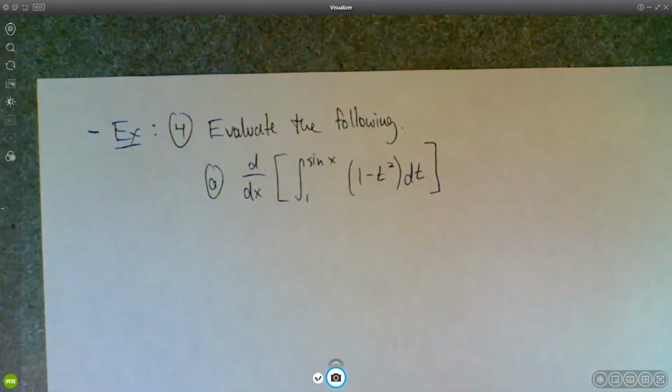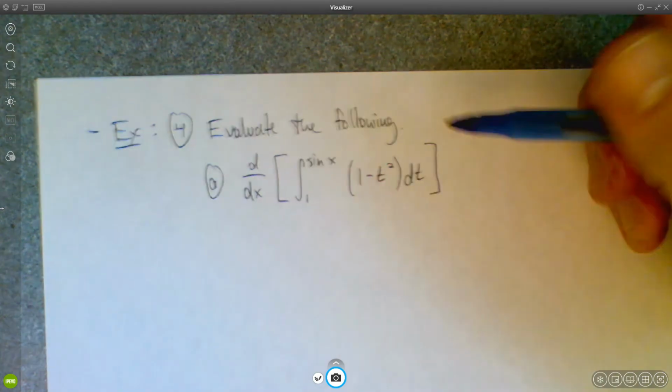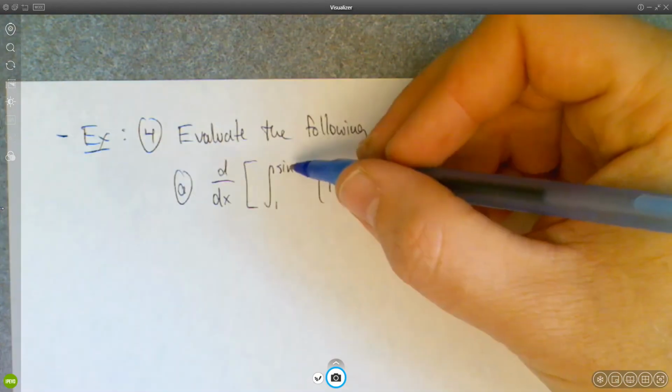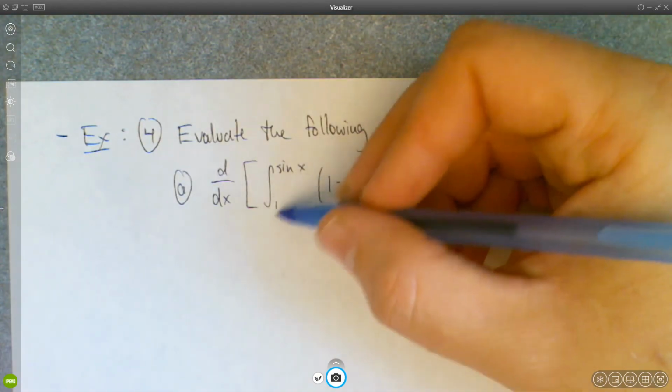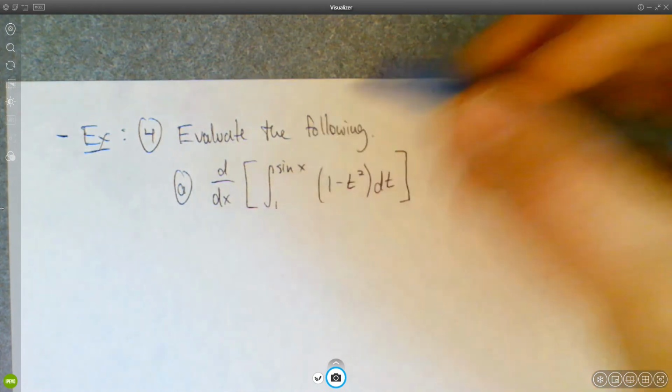Okay, so let's evaluate the derivative of the integral from 1 to sine x of 1 minus t squared dt. Well, since you have a constant here as your lower limit of integration, then fundamental theorem of calculus applies.